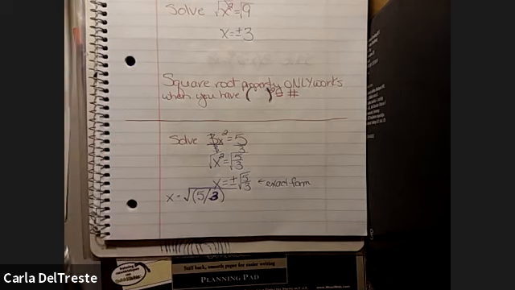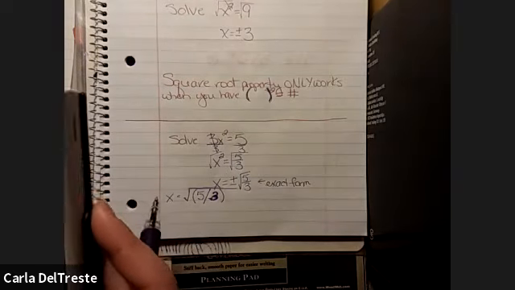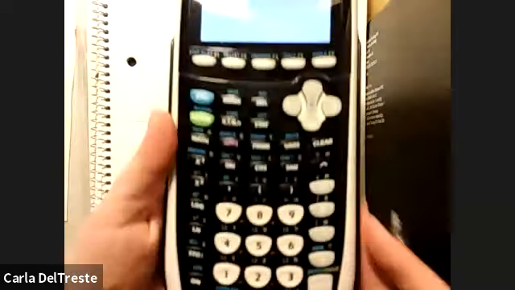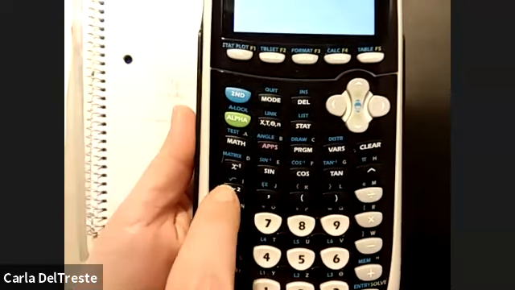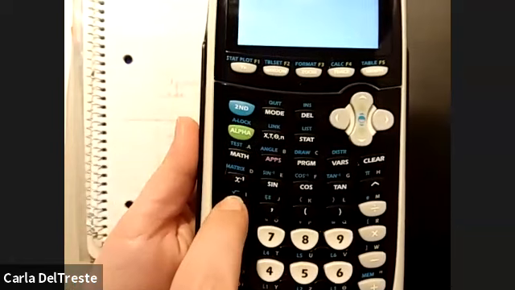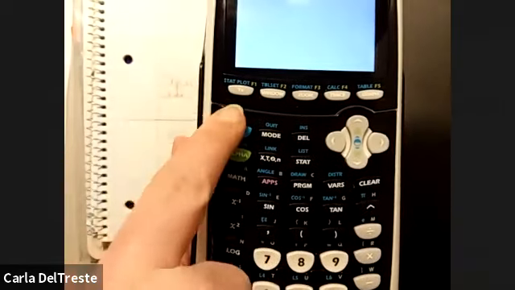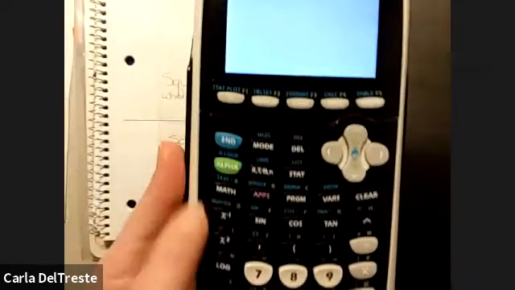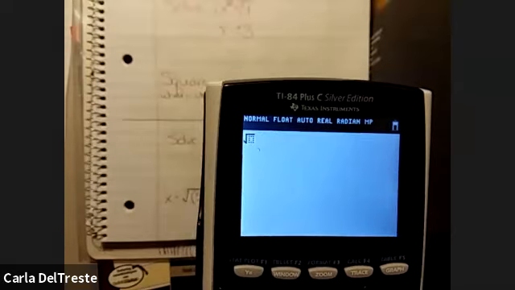If you're not sure how to get the square root sign on your calculator, the x squared button is over here to the left. It is the second feature, if you see the blue square root sign there. So you would hit second and the x squared button, and you can see that that opens up a square root sign.